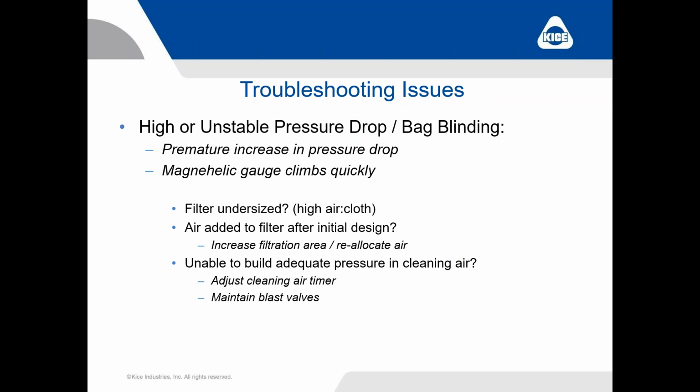And then we talk about the cleaning mechanism, the air timer, the cleaning sequence, and the blast valves. Perhaps our bags are blinding over, getting dirty more quickly because we're not getting a good, effective clean on the filter bags. Well, how do we address that? Earlier we looked at the gauge cluster that we have on our baghouse filters.